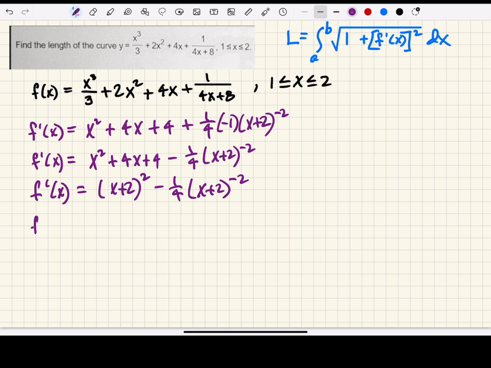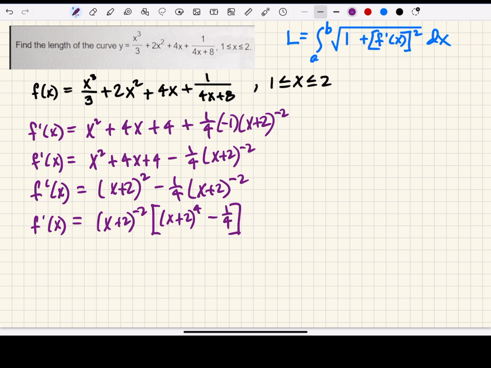That common factor is x plus 2, and we can factor out the least number of times that factor appears, which would be x plus 2 to the negative 2. Then we would be left with x plus 2 to the 4th minus 1/4.